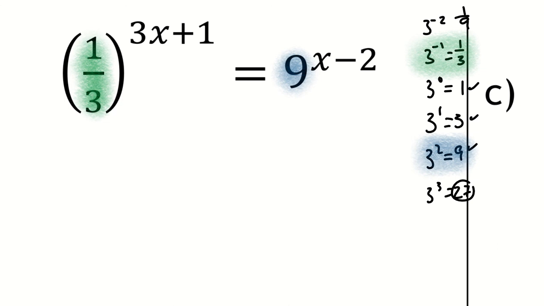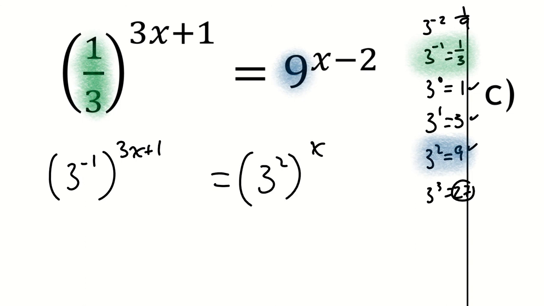For 1/3, I'm going to write 3 to the negative first power, and I'm going to raise that to the 3x plus 1. On the other side of that, I'm going to replace 9 with 3 to the second power, and that's getting raised to the x minus 2 power. So I'm not quite there yet because I have this situation where I have a power raised to a power.